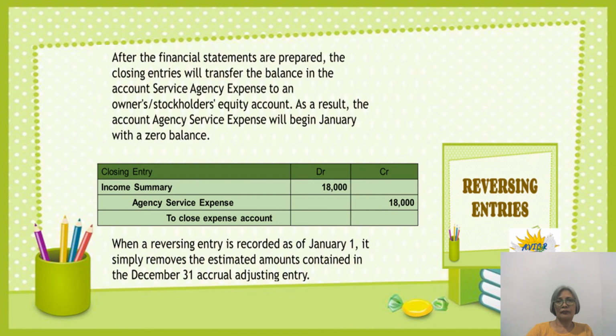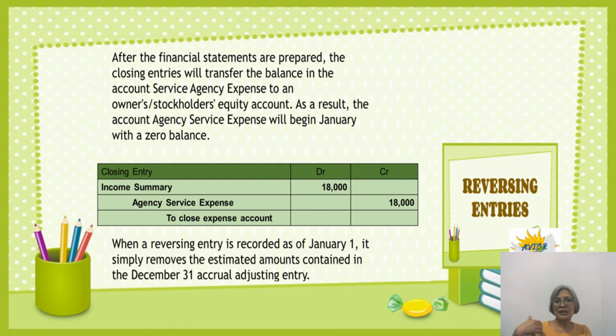After the financial statements are prepared, the closing entries will transfer the balance of the account service agency expense to an owner's or stockholder's equity account. As a result, the account agency expense will begin January with a zero balance.